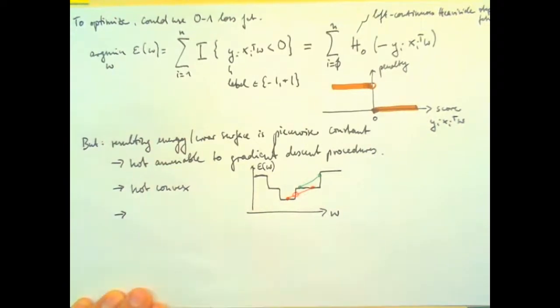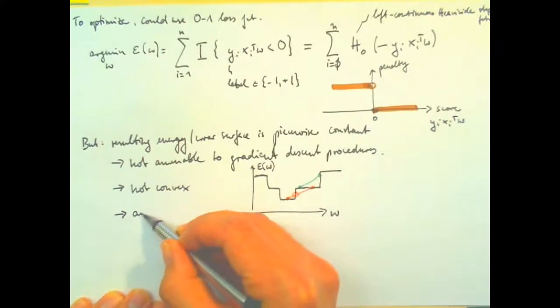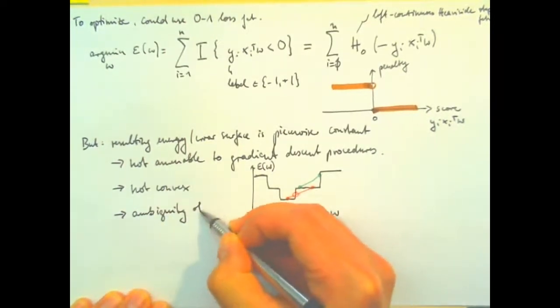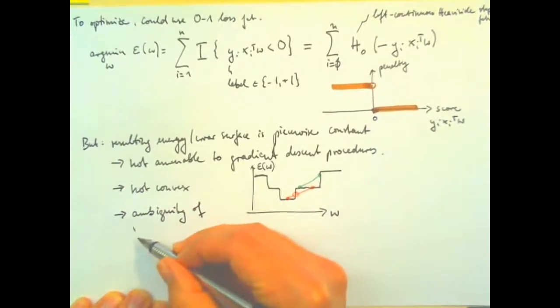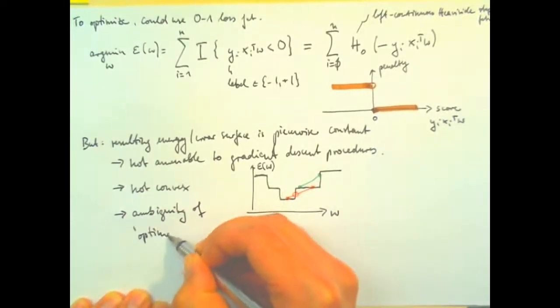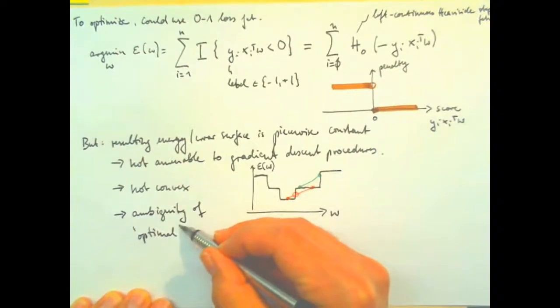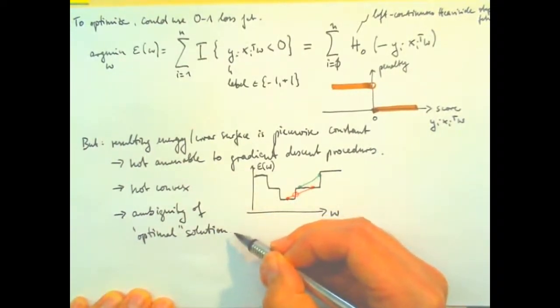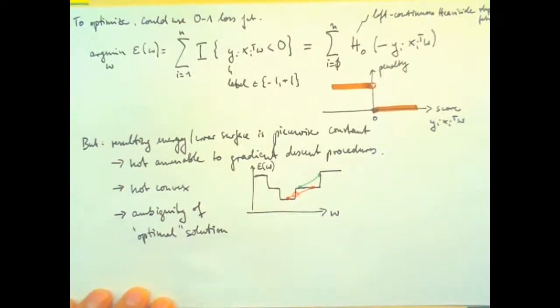And the third comment is that we have this ambiguity between candidates for the optimal solution. Unfortunately, we have no single candidate for linearly separable problems like the one you've seen here.